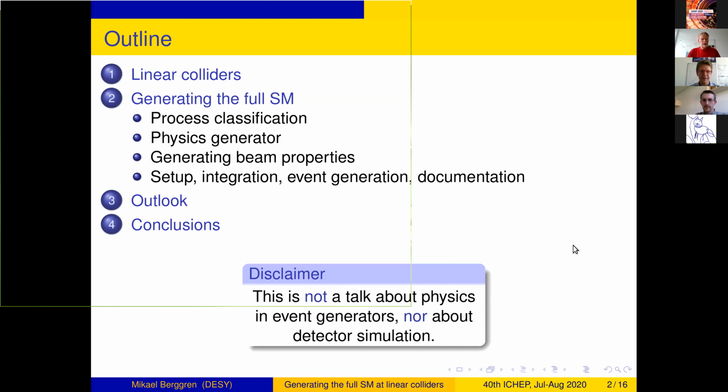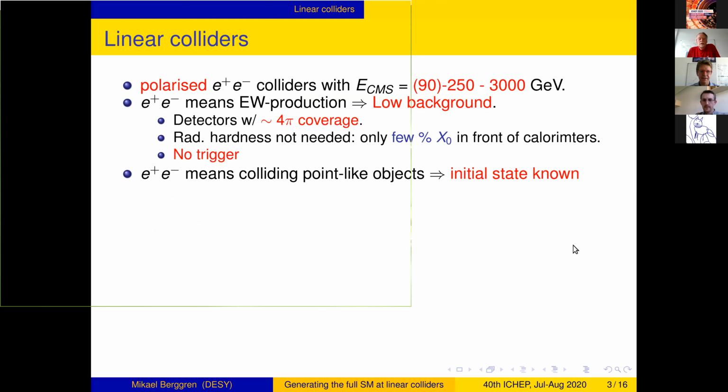Okay, so linear colliders are e+e- machines with energies from the Higgs threshold or even the Z pole up to the TeV scale, with polarized beams. In e+e- production, the production is electroweak, so this leads to low backgrounds, which in turn means that detectors have close to 4 pi coverage.